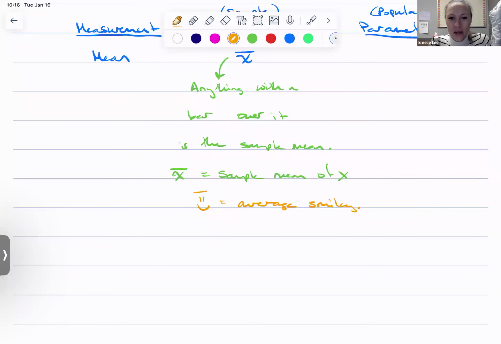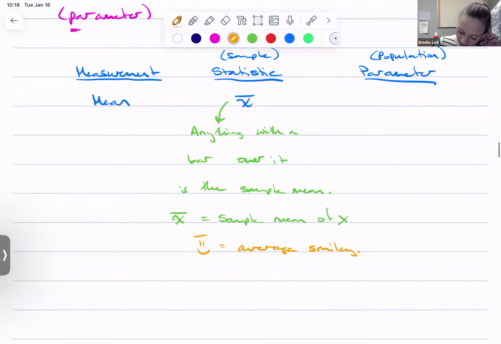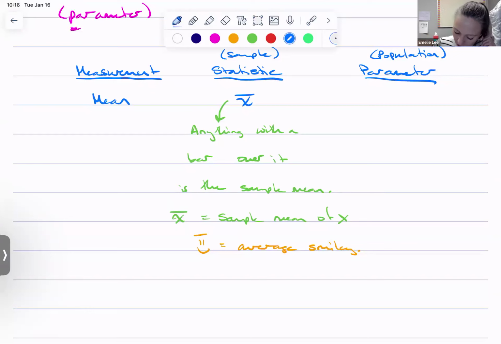So, right, we're going to need to use a sample mean to learn about a population mean. So what are we going to use? Well, to denote that we have a population mean, what we're going to use is the Greek letter mu.